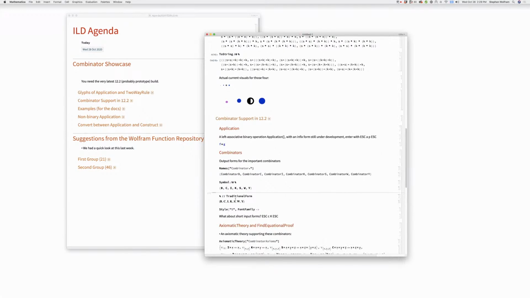Okay. So there's one question that we haven't talked about, which is whether we should support some short input forms for these, because they are kind of long to type. Yeah, they are. Well, they're not that long, right? There's CO and then autocomplete. Well, but there are too many for the autocompletion. They don't all show up. By the way, in the autocomplete ranking, you should put SKI first.